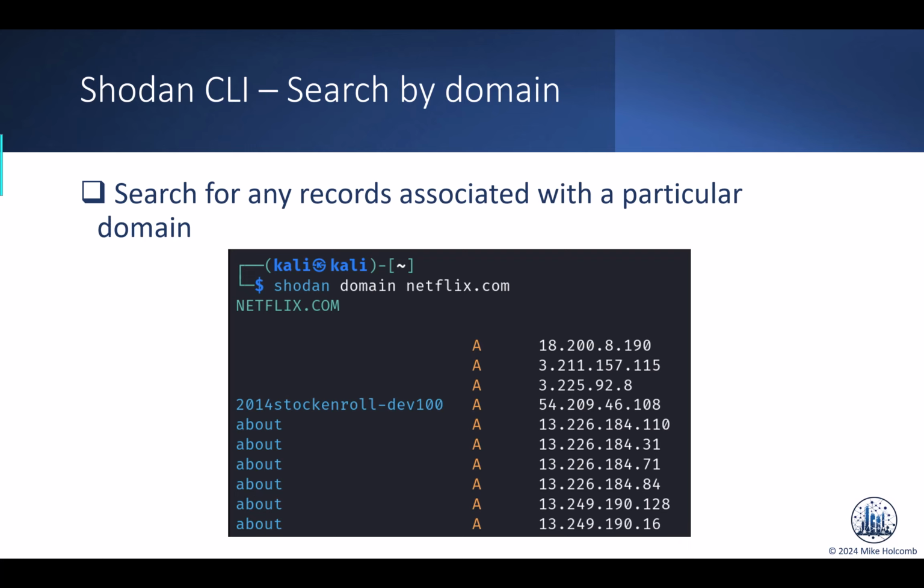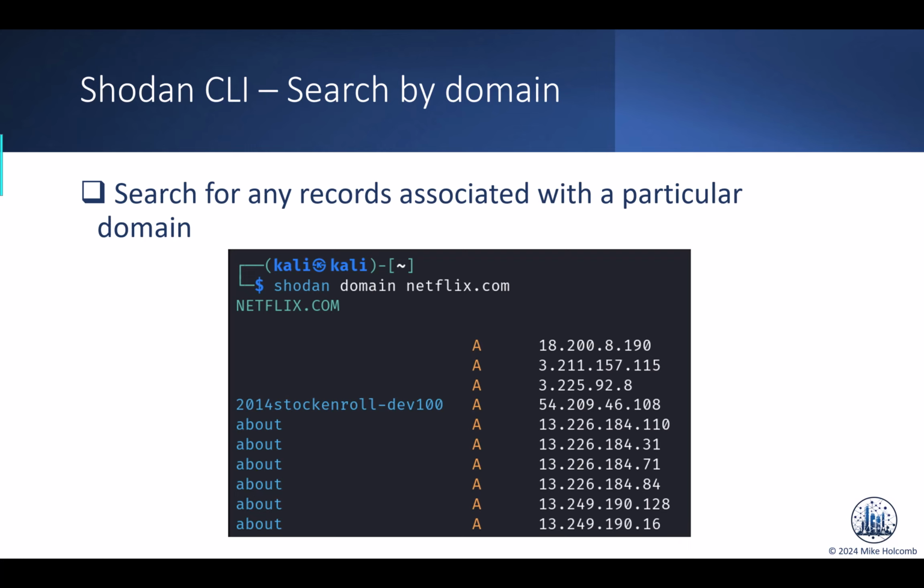So here you can see the search that we had run earlier when we were looking for hosts associated with a specific domain name. Like in this case, right, where Shodan has identified a host associated with Netflix.com, it indexes that information and shows us. And it had a substantial list.